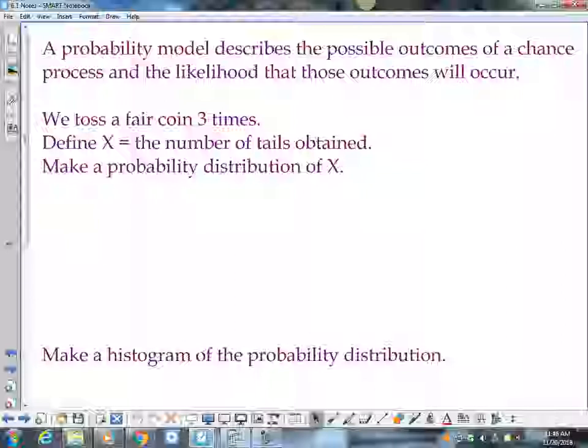But x is the number of tails. How many times am I tossing it? 3 times. I'm tossing a fair coin 3 times. What are my possible outcomes?